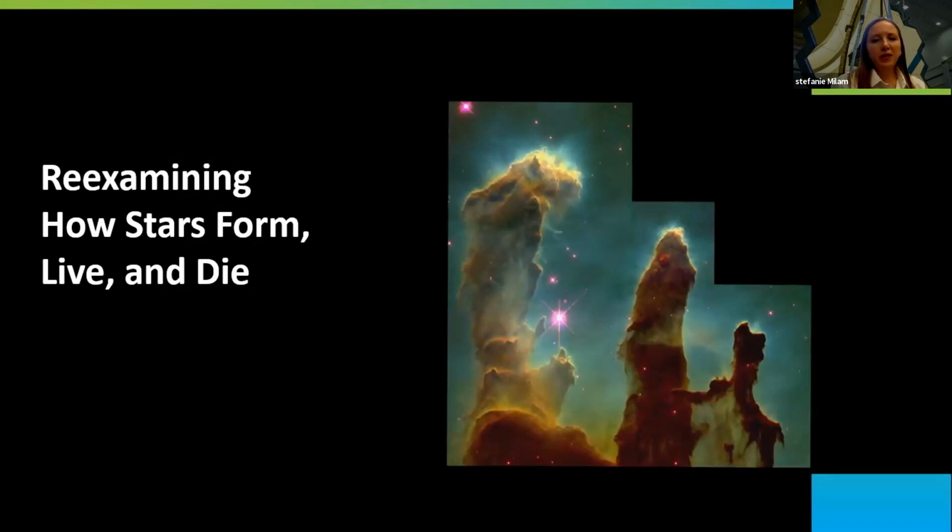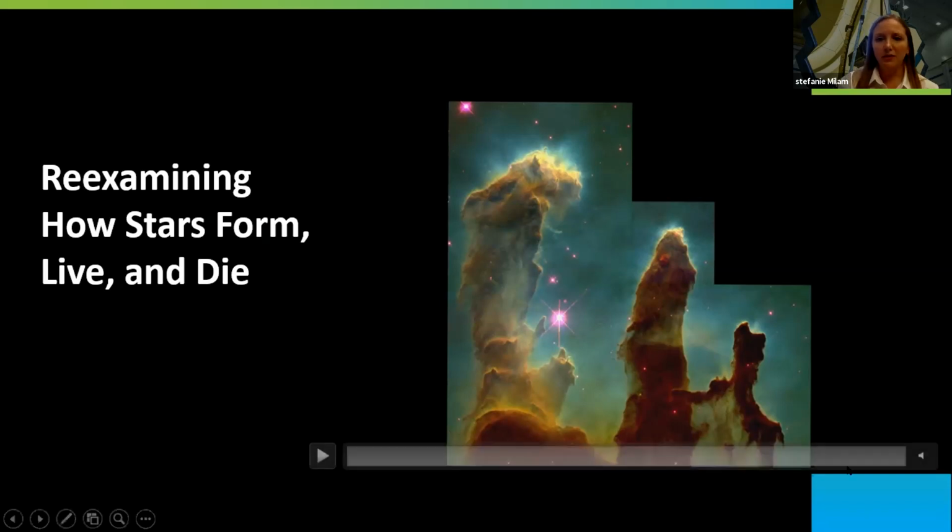This is because JWST is an infrared telescope. So unlike Hubble, where dust and gas from large molecular clouds actually obscures light or anything within these large objects or behind them, as we go to longer and longer wavelengths, we start to be able to peer inside of them.